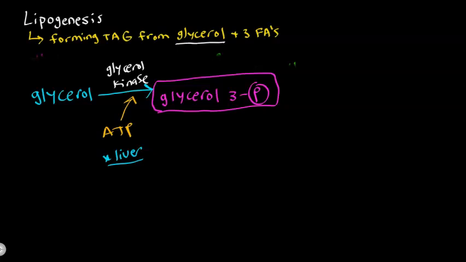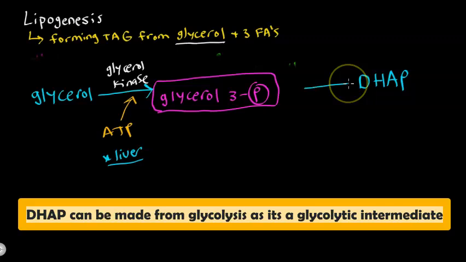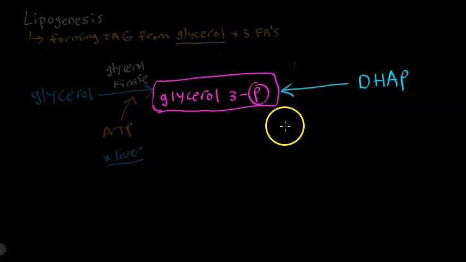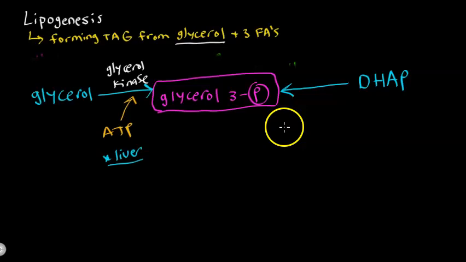Now you can also make it from another molecule known as DHAP, dihydroxyacetone phosphate. So we can draw an arrow right here as well. And in this process right over here, to convert from DHAP into glycerol 3-phosphate, we actually need the consumption of NADH.